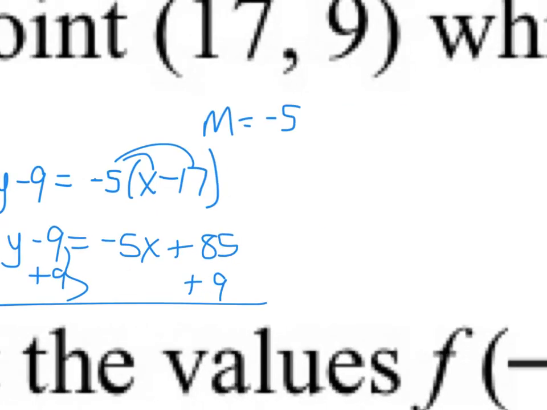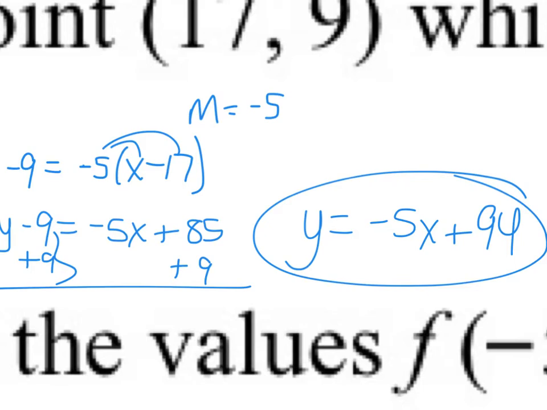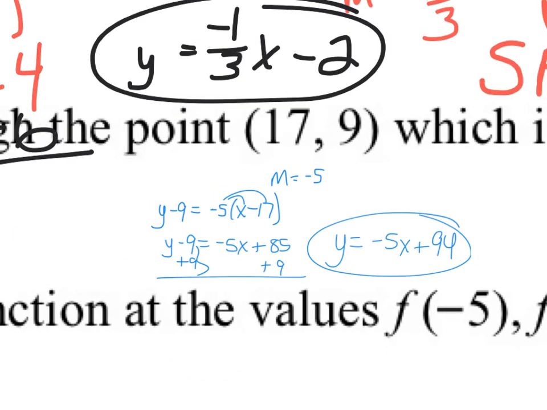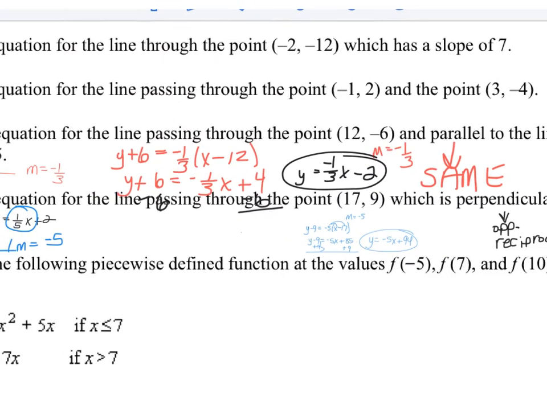So you get y equals negative 5x plus 94. Big numbers. Who cares? But the biggest thing, guys, is when you see the word parallel, you think same slope. When you see perpendicular, you think opposite, reciprocal. Good.